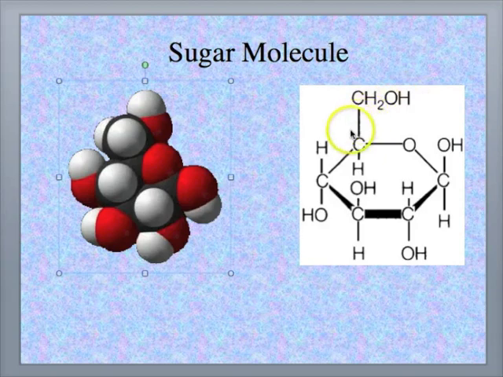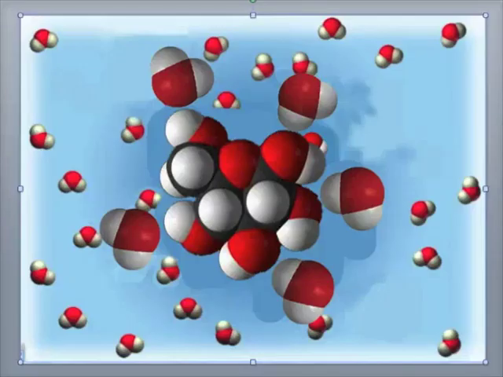So when sugar dissolves in water, what we see is this, that the entire molecule becomes surrounded with water molecules. The oxygens are surrounded by the positive side of the water molecule, and hydrogen atoms are attracted to the oxygen side of the water molecule.